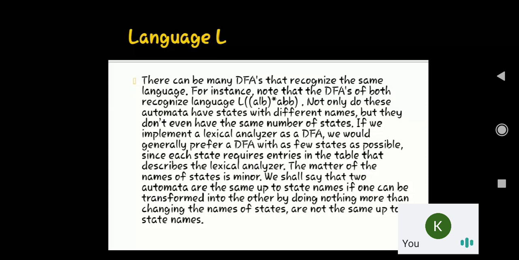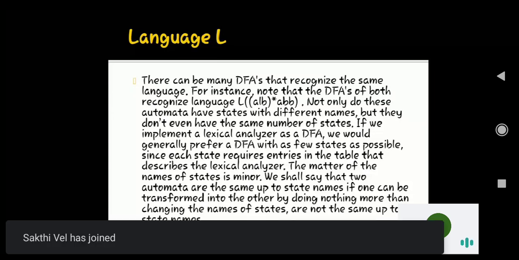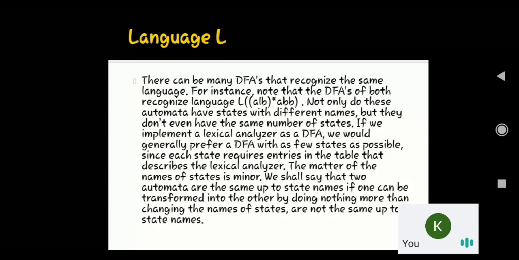For this we have an algorithm, and in this algorithm we have some logic. We take a particular DFA, and then we check which states work in a similar way. We take the states which work in a similar way, and then we group those states into one state.